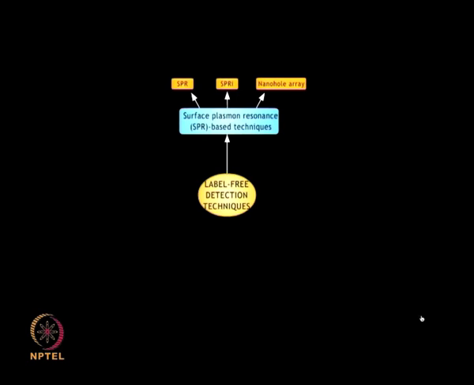Image reflected by the polarized light at fixed angles are detected. Third, nano hole arrays. The light transmission of a specific wavelength enhanced by coupling of surface plasmons on both sides of metal surface with periodic nano holes.